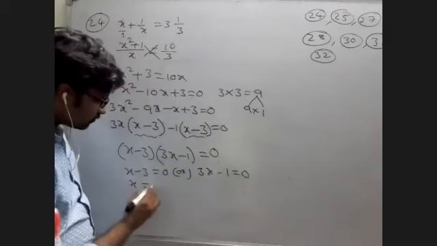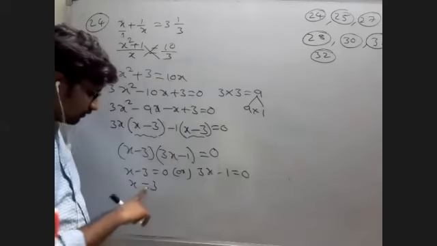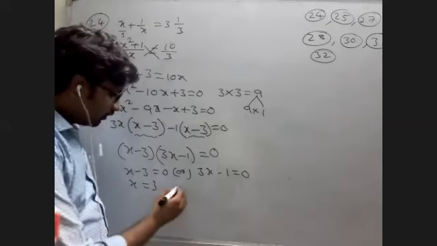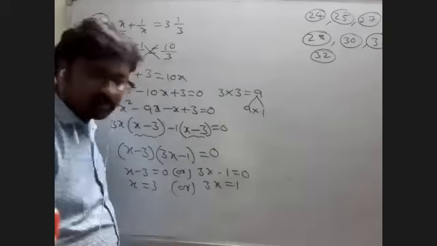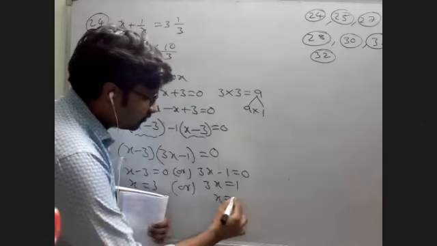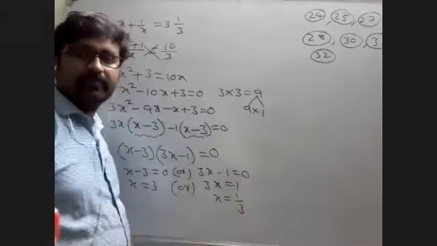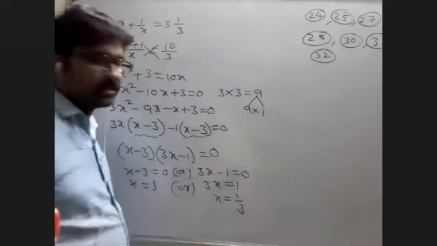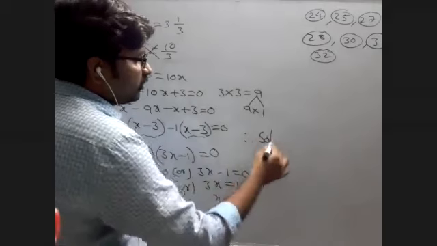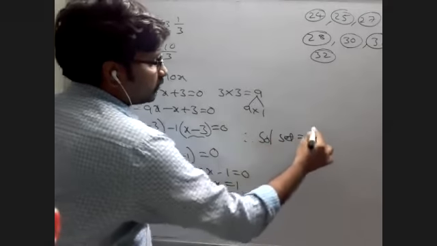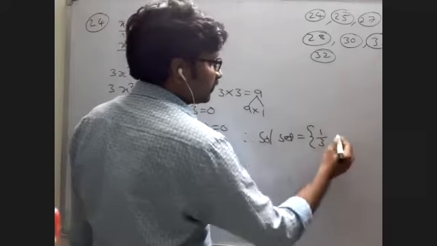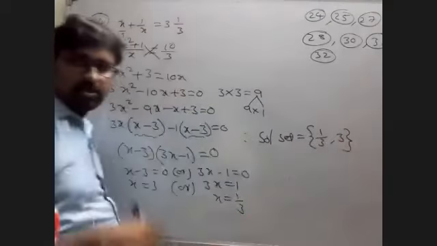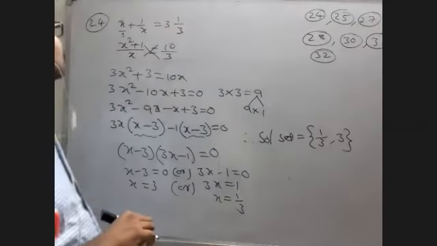Now x is equal to 3 is one root, I mean one solution, or 3x is equal to 1, taking minus 1 that side, plus 1, and x is equal to 1 by 3. 3 taking that side will be the denominator. Therefore the solution set is 1 by 3 comma 3. So this is the solution set for question number 24.